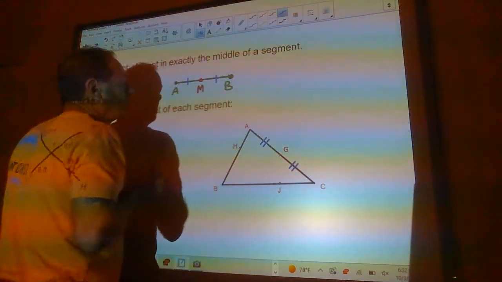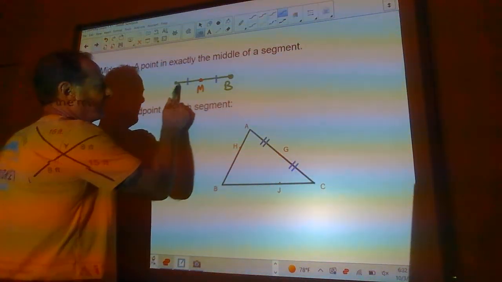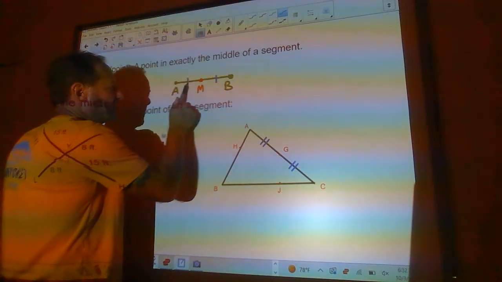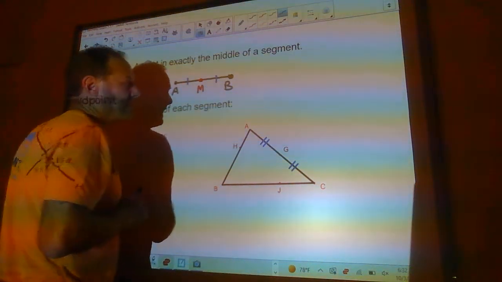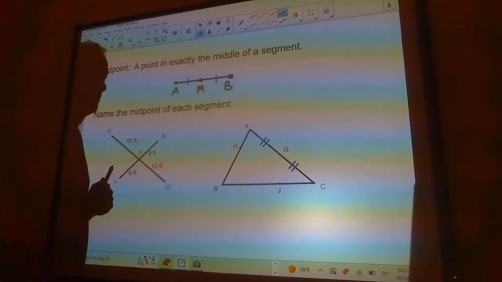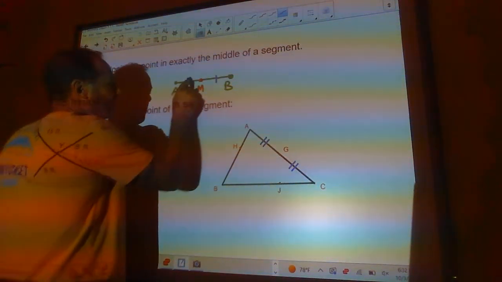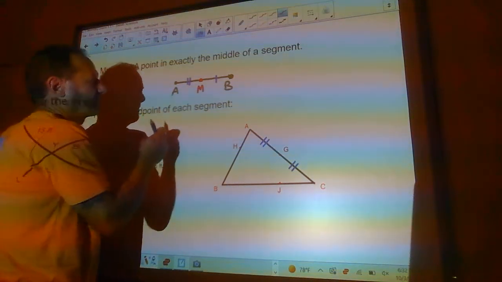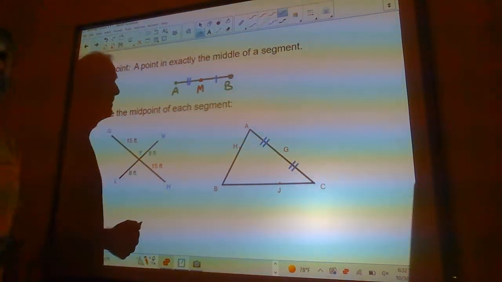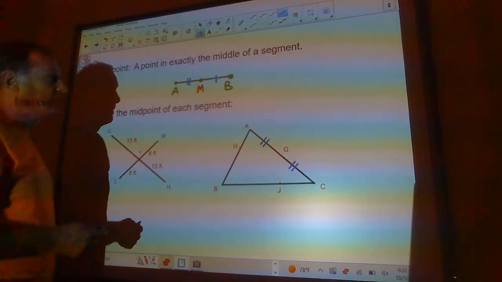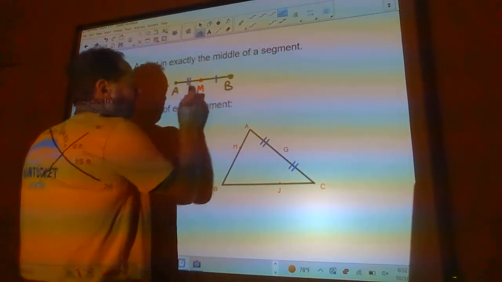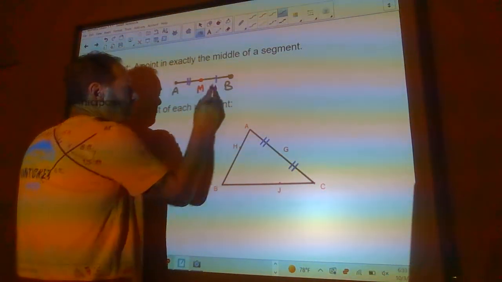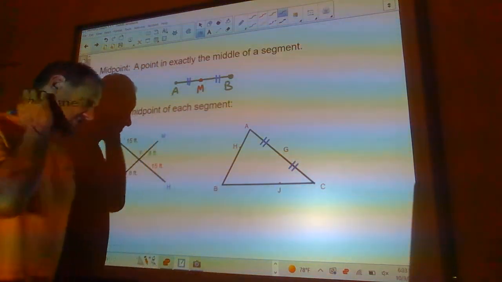These tick marks don't tell me how long this is. They just tell me that this segment right here is equal in length to that segment right there. If I put this on here, now they are not the same length. And having 2 tick marks does not mean that it's longer than if you have 1 tick mark. It just means that they're different. So this would not be a midpoint then. But if I do this, now it is a midpoint again.